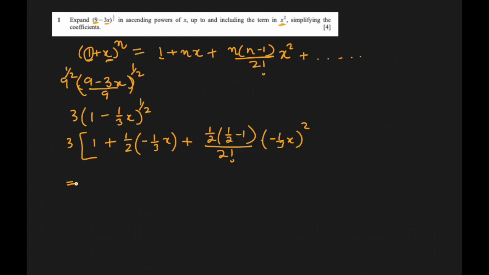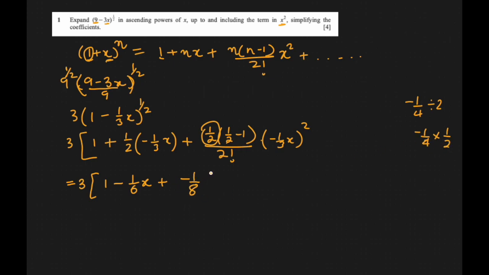Now it becomes 3 times (1 minus 1 over 6 x, plus half, and half minus 1 will become minus half, so it will be minus 1/4 divided by 2, which will make it 8. So it is like this, 1 over 4 divided by 2. So what will that become? 1 minus 1/4 times 1 over 2, which is 1 minus 1/8.